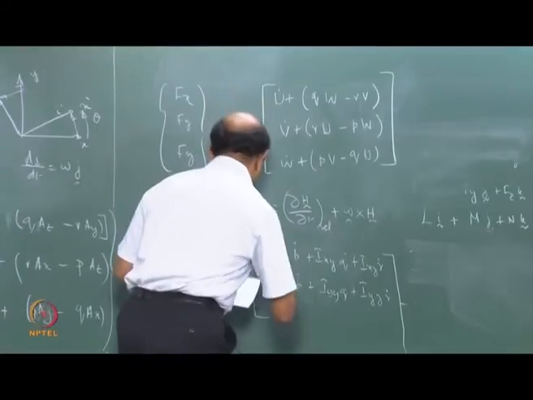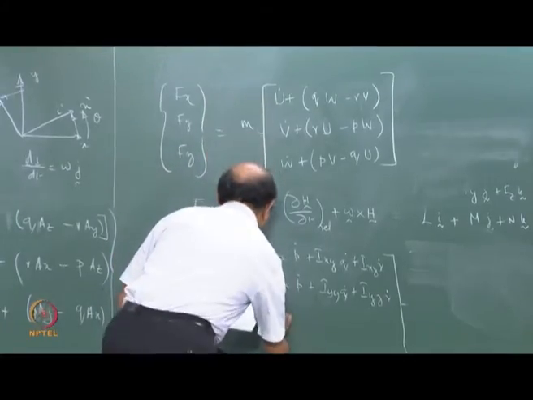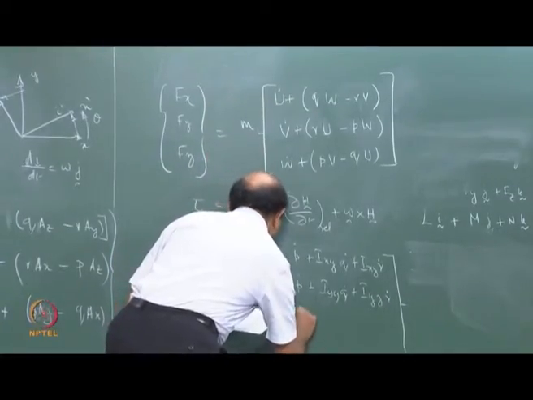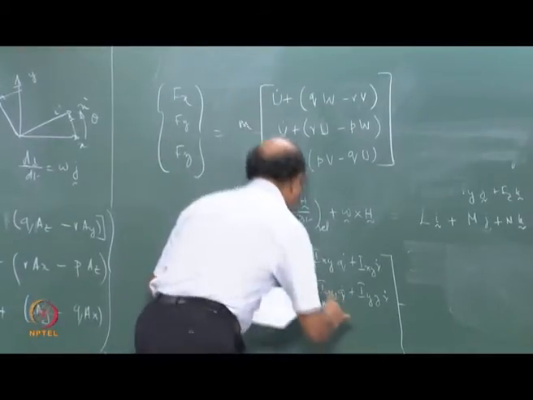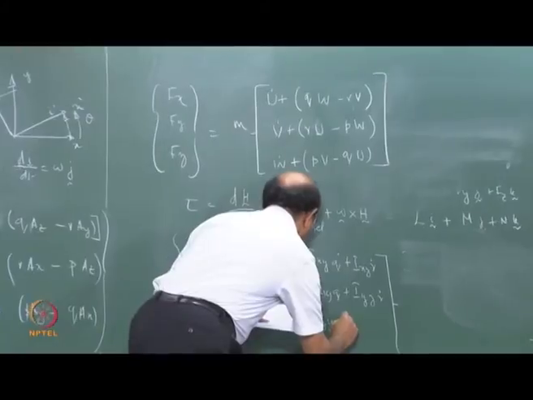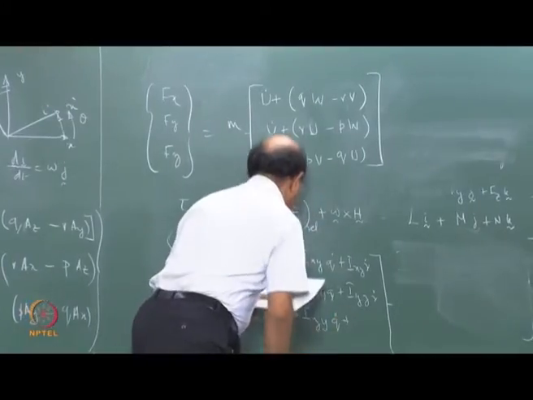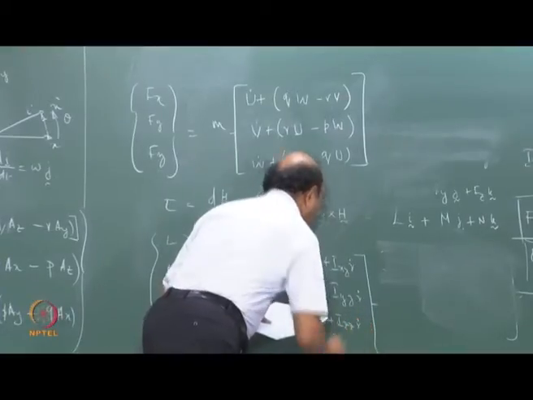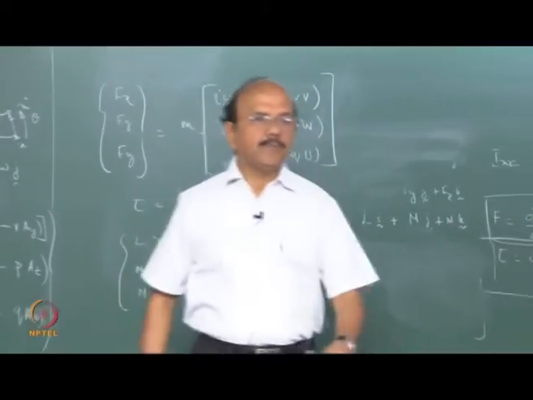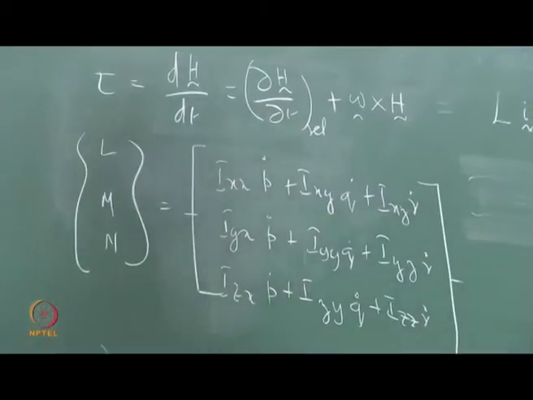And Izx P dot plus Izy Q dot plus Izz R dot. Okay. So those are the dou H by dou t terms.